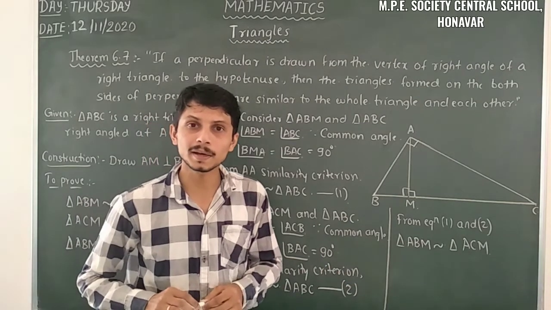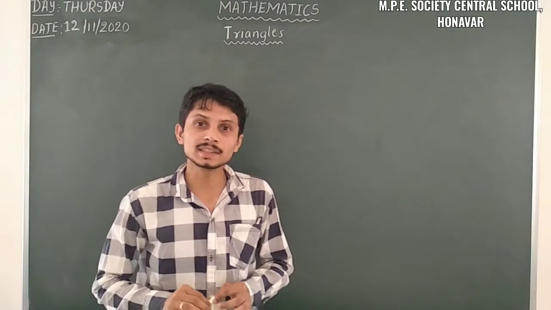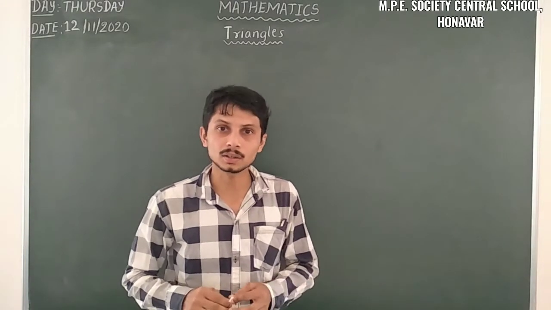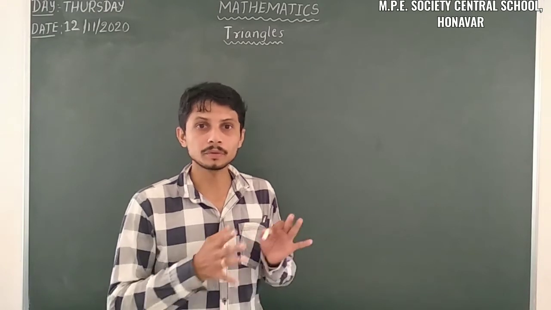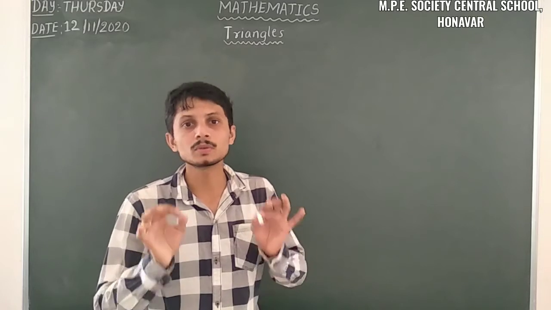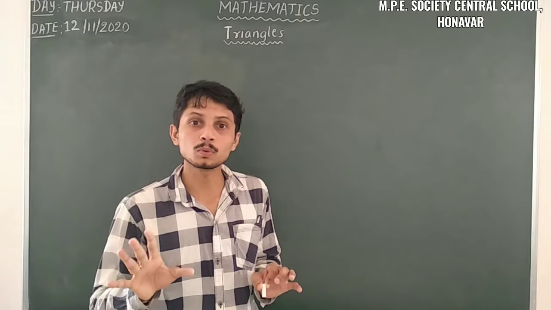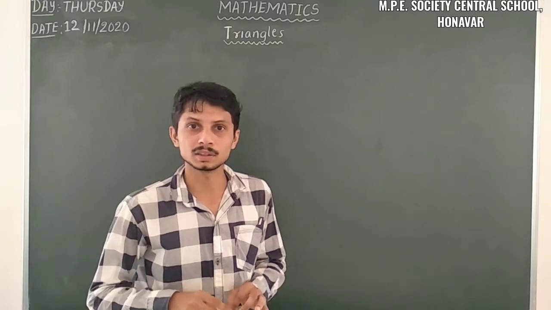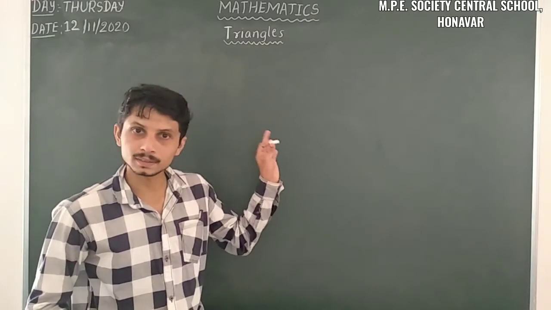So let us take the Pythagoras theorem here. Yes. So let us take theorem 6.8 or Pythagoras theorem. Using theorem 6.7 we have to prove this theorem. It is very important. From the examination point of view, you have to write it for 4 marks. It's a must. So let us take 4 stars for this question.